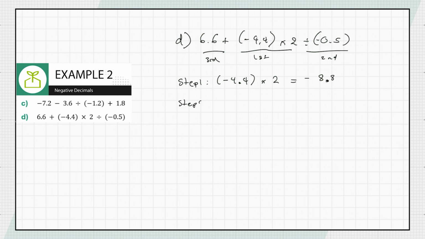Step 2 is going to be minus 8.8 divided by negative 0.5. So a negative divided by a negative is just going to be a positive. So basically we can bring out our technique from before and do minus 88, or you can just ignore the signs entirely for this and do 88 divided by 5. So 5 into 88, and that goes in 17 times.